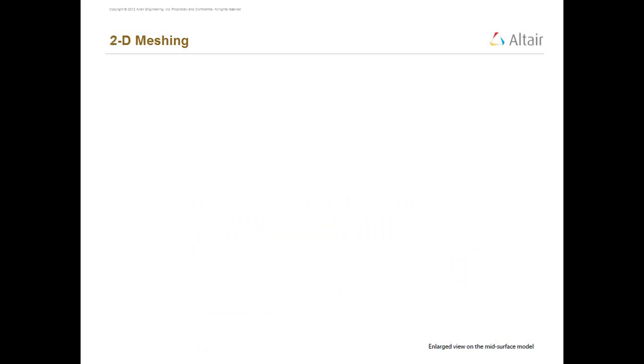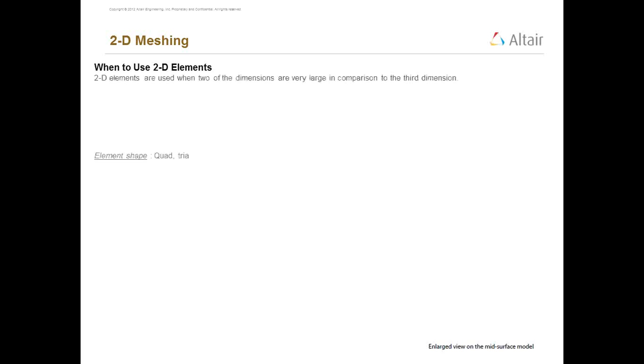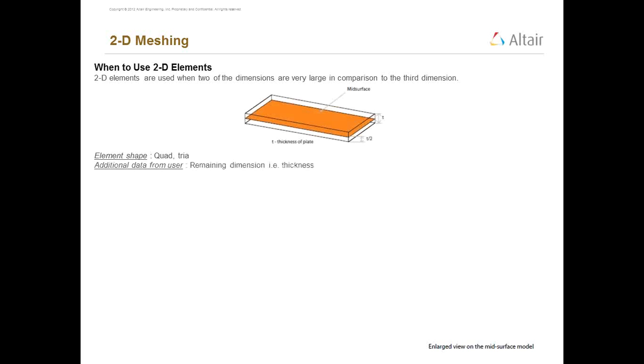Then we discuss 2D meshing. The basic question is when to use 2D elements. 2D elements are used when 2 of the dimensions are very large in comparison to the third dimension. The element shapes for 2D elements are quad and tria. Additional data from the user is the remaining dimension, that is the thickness.